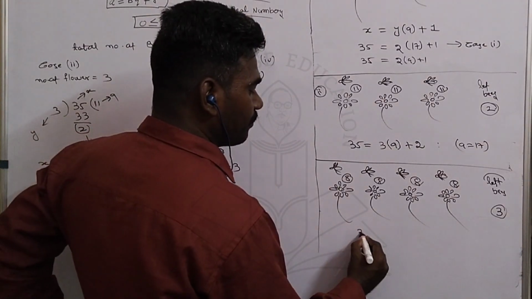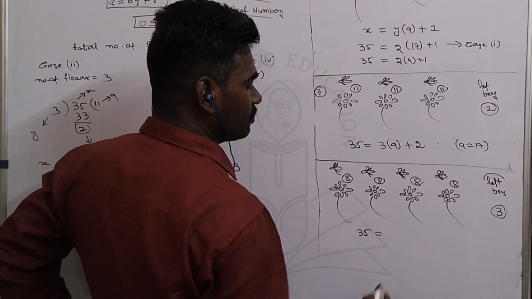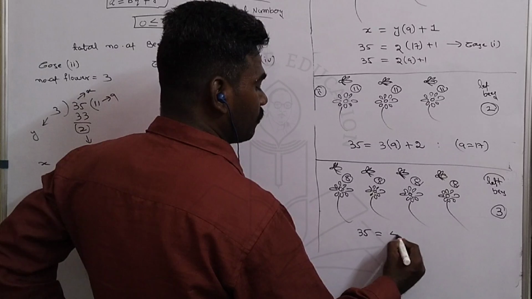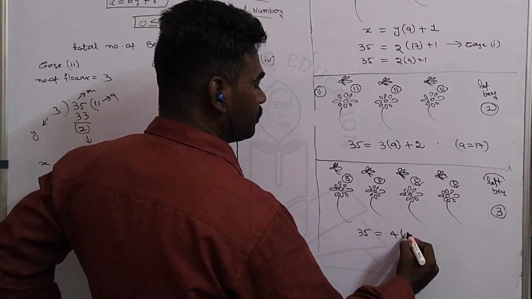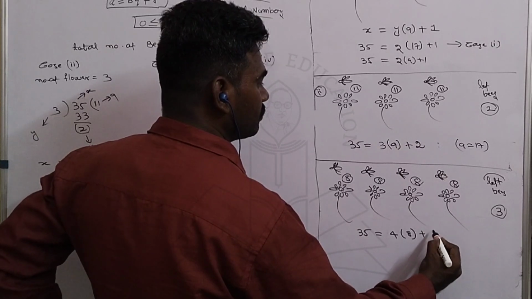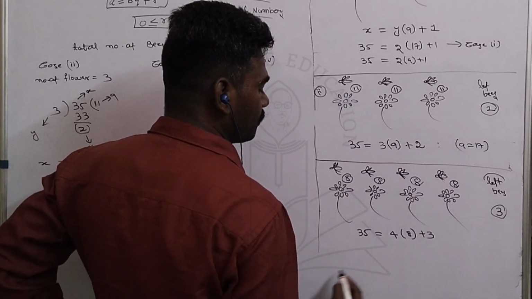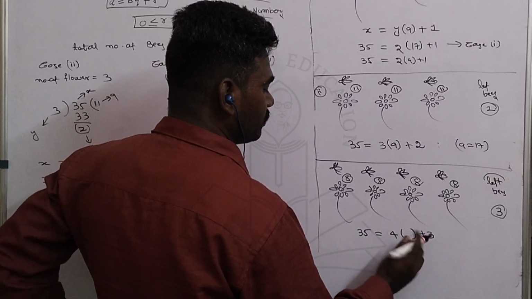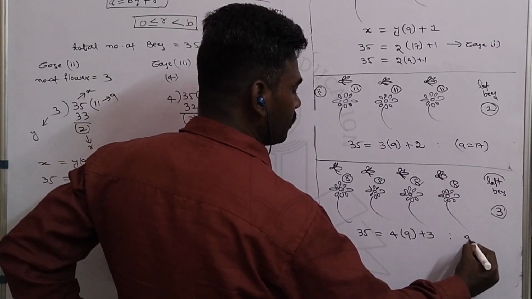So we can write 35, the total number of bees, is equal to the number of groups 4, times the number of bees in each group 8, plus the remainder, that is, the left bees, 3. So this 8 is A. Here A is equal to 8.